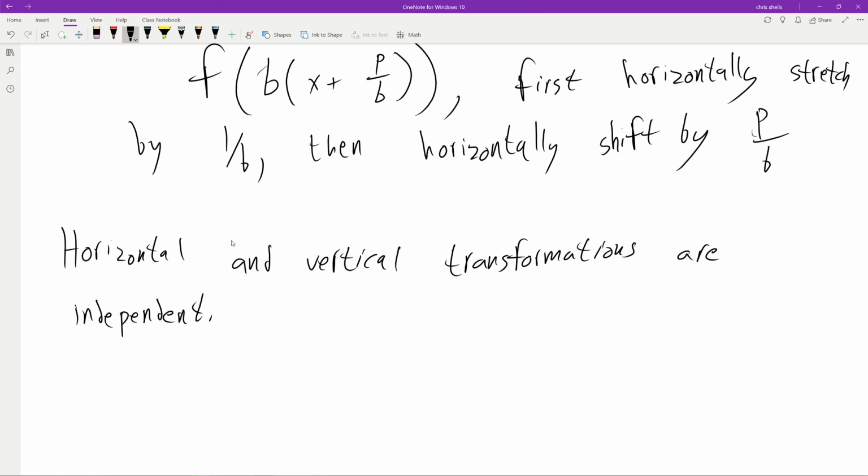This means that it doesn't matter whether horizontal or vertical transformations are done first. You can do the vertical transformations and then do the horizontal transformations, or you can do the horizontal transformations and then do the vertical transformations. It doesn't matter. And that's it for 1.5.